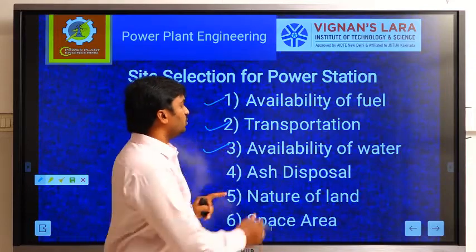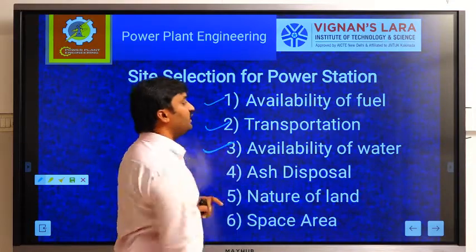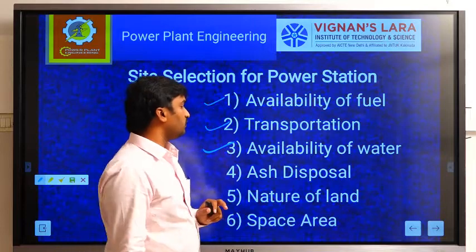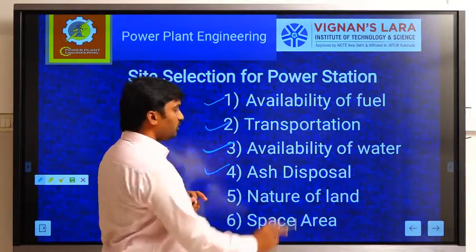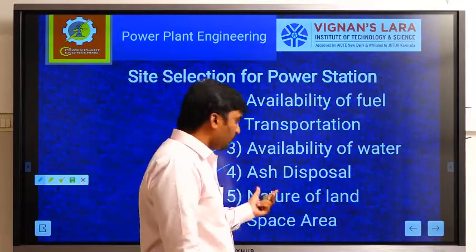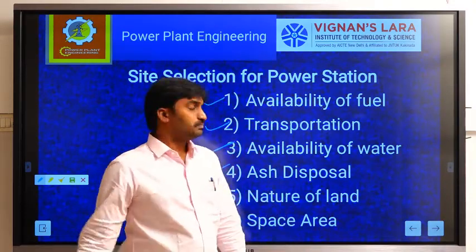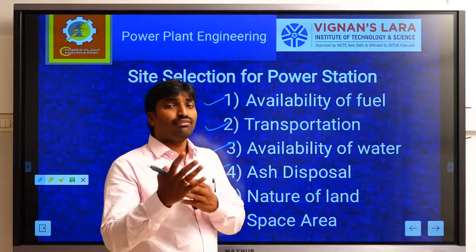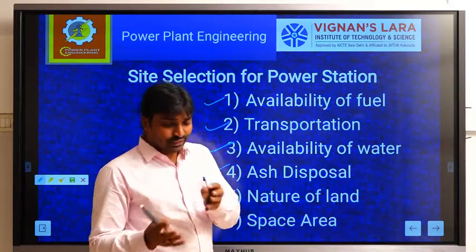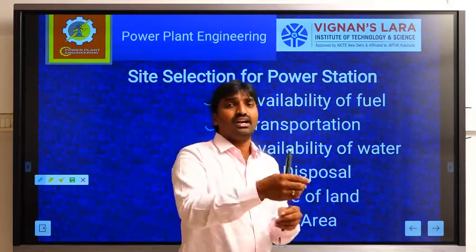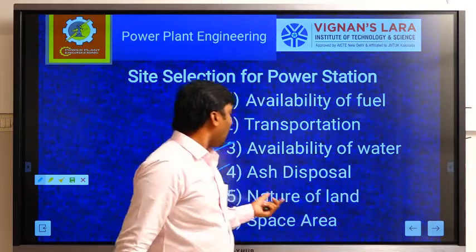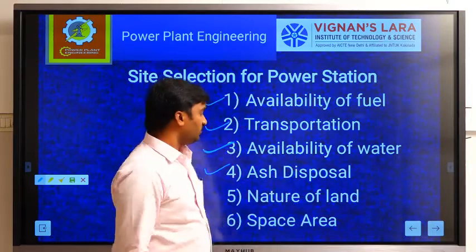So first we need to verify whether water is available or not. Also, we are using coal, which is fired in the furnace. After the coal firing we get the ash content, and we need to remove that ash. Only then can we fill the fresh coal. So the ash disposal system is also very important here.